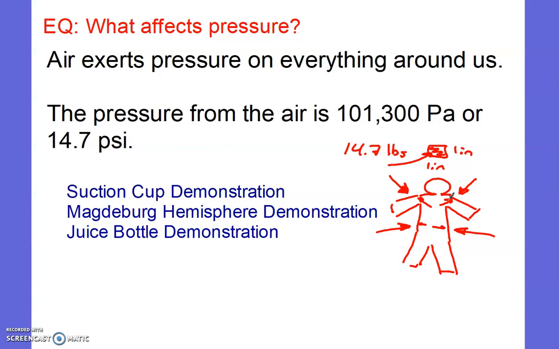But what would happen if we were to go to outer space? Well, if we go to outer space where there's no air, there is nothing pushing us in. But there would still be the inside pushing out. So this is a dangerous situation. If you go into an environment where there's no air, nothing pushing you in, but all that inside is pushing you out, we would have a tendency to expand or explode, to blow up.